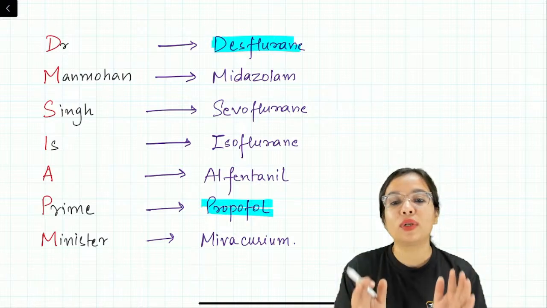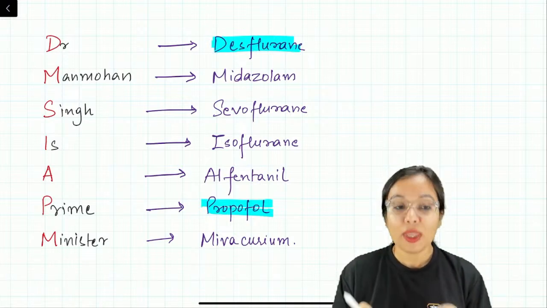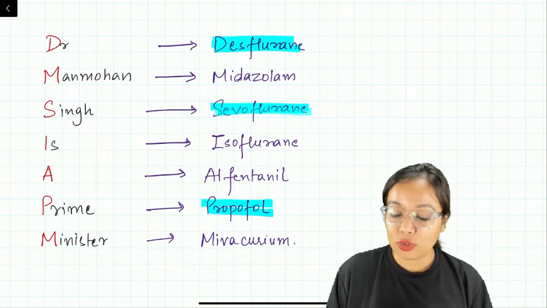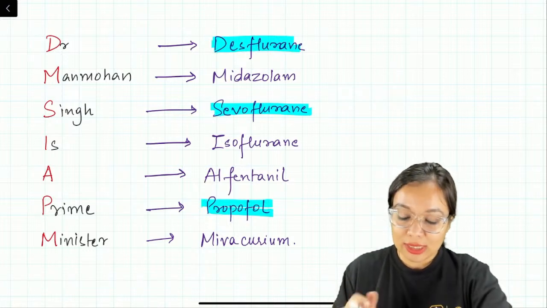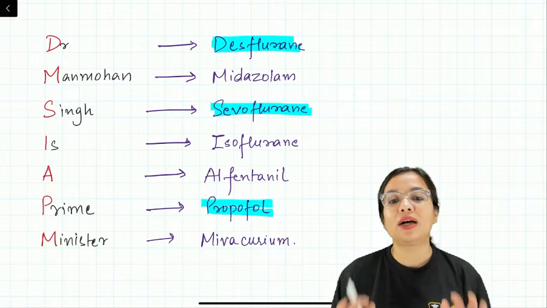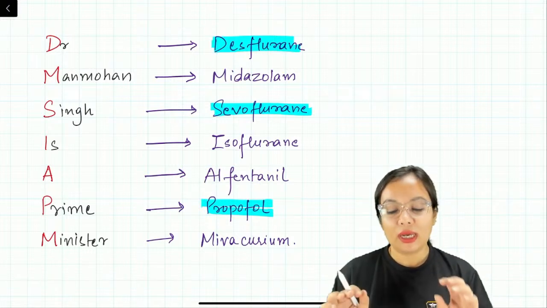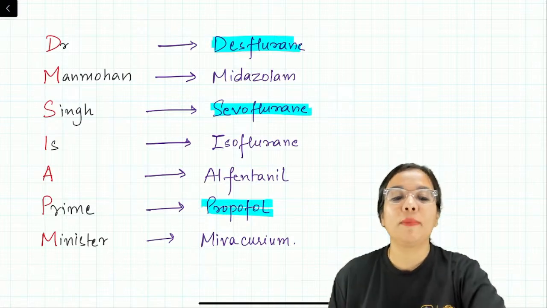Yes, desflurane is another drug that can be used for a daycare surgery, and option D is sevoflurane, which is also in the list of daycare surgery drugs. So this is the mnemonic, and these are the drugs that can be used for daycare surgery. Please note them down. A question like this can be asked, so this mnemonic is going to come in handy.